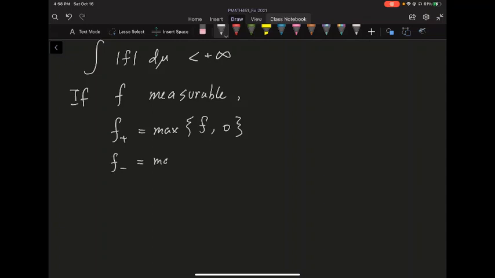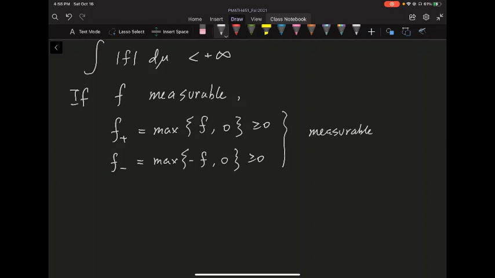The f minus is the maximum of negative f and 0. So if f is negative, I take the negative of that negative value, which is positive, and otherwise I just replace it by 0, okay? You can see that these two are really non-negative functions, and each is the maximum of two measurable functions, okay? We saw that a supremum of a countable collection of measurable functions is measurable, and now we have two of them, so they're measurable as well.